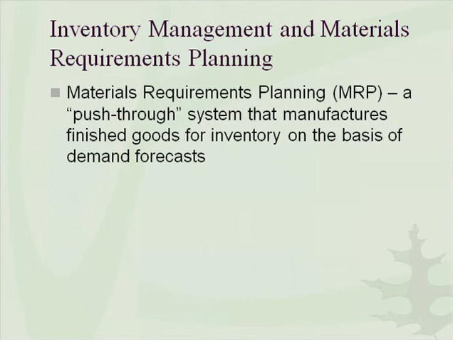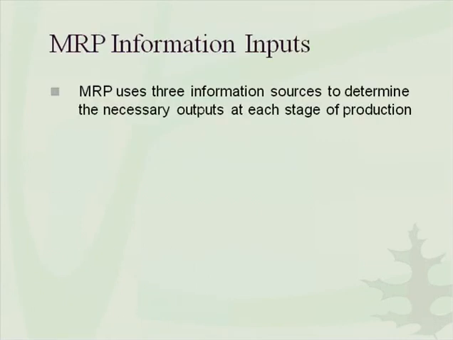Moving to the area of inventory management and MRP, or materials requirements planning, keep in mind this is a push-through system that manufactures finished goods for inventory on the basis of demand forecasts. So there's 3 pieces of information that are used to determine the necessary output at every stage in production when we're using MRP.